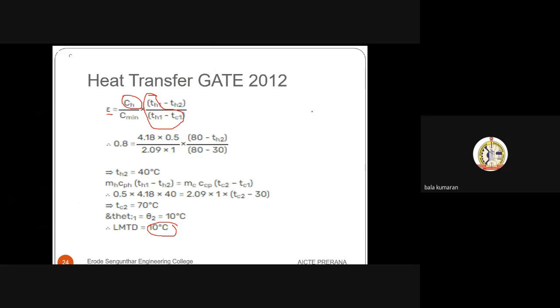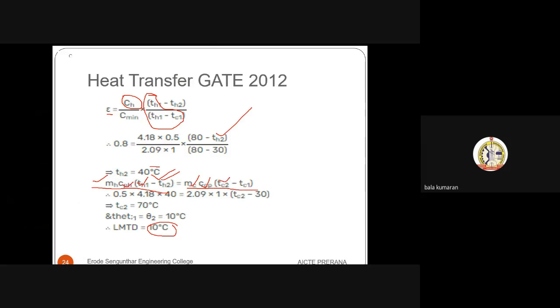The value which comes minimum is the C minimum, and the higher one is the Ch. Just applying the values there, we find the value of temperature Th2, that is 40 degrees Celsius. As I said, this and this will always be equal. So applying this, mh is given, mc is given, Cph is given, Cpc is given, and Th is given. Th2 we have found, that is 40 degrees Celsius.